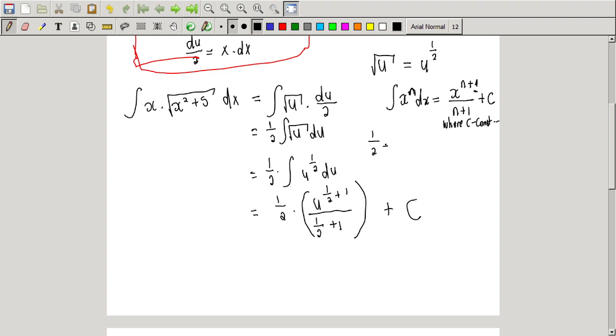One over 2 plus 1 is equal to 1 over 2 plus 2 over 2, which is the same as 3 over 2.